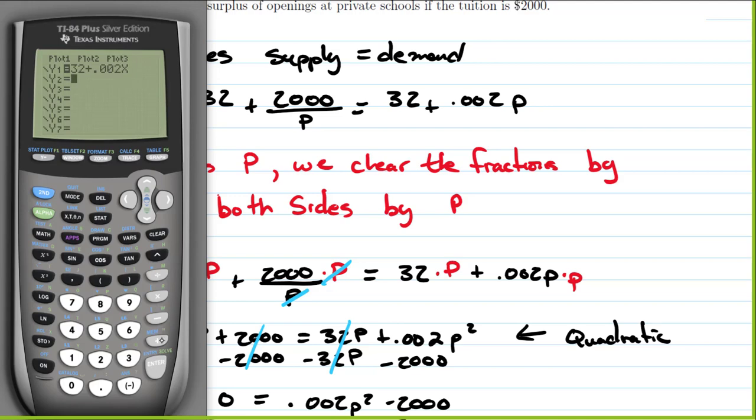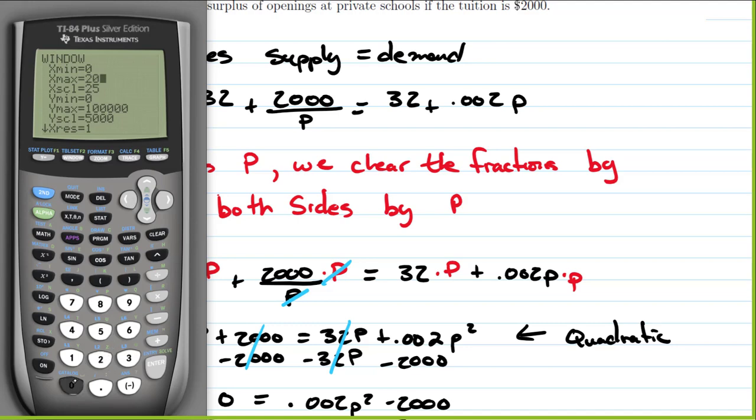And then we also had 32 plus our fraction, 2,000 over p. We already know the answer because we solved it is at 1,000, so that's going to help inform what this is going to look like. So now I press window. Let's make my x min 0, and let's make my x max, say, 3,000.